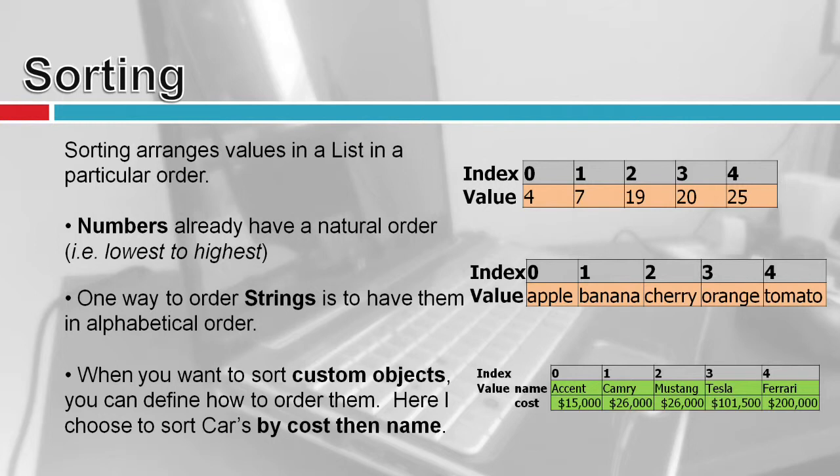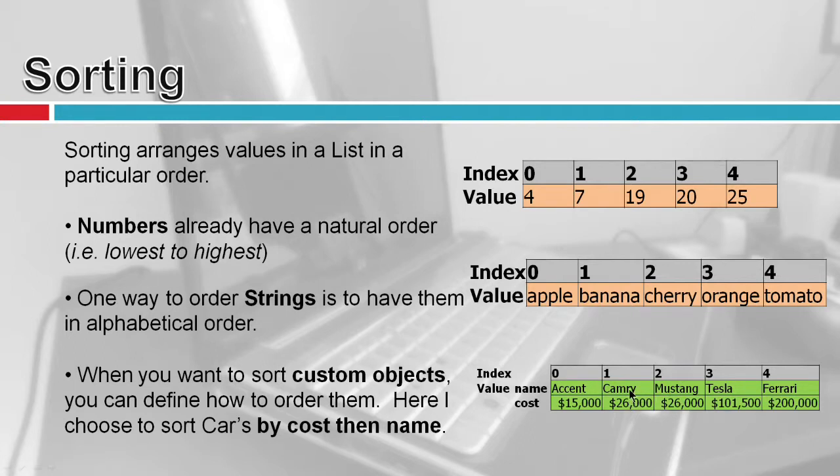So you can see right here, we start with the lowest value car, which is $15,000. The next cars you see are both $26,000. We know that they are in order because C comes before M. So even though the Camry and the Mustang are equal in cost, alphabetically Camry comes before Mustang.